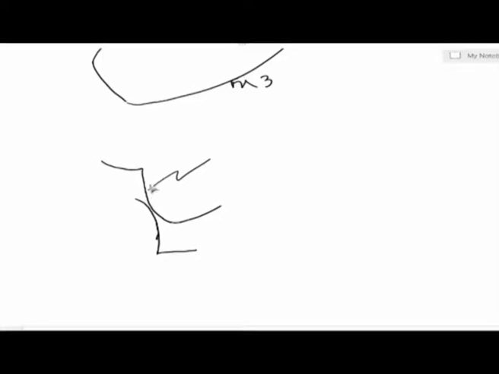So this is an involute, this is also an involute. When the gearing action takes place between two teeth which are made out of an involute form, then the fundamental law of gearing is satisfied.